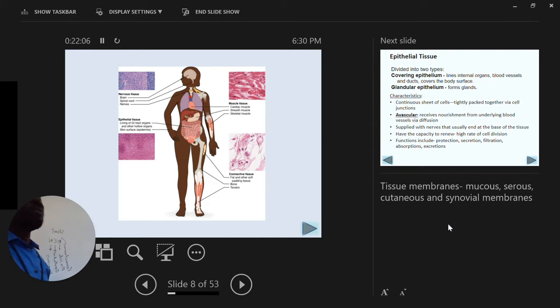Then we come to muscle tissues. We have three types of muscles. Muscle tissues are your muscles. Think about the muscular system. Those are the tissues that make up your muscular system. We have the cardiac, which is that of the heart. We have the smooth, which is part of the ones in your urinary bladder, blood vessels, and eye.